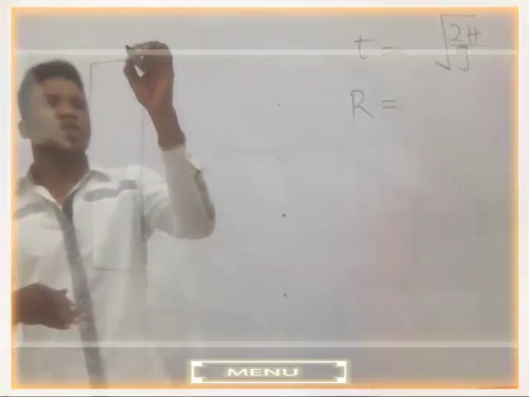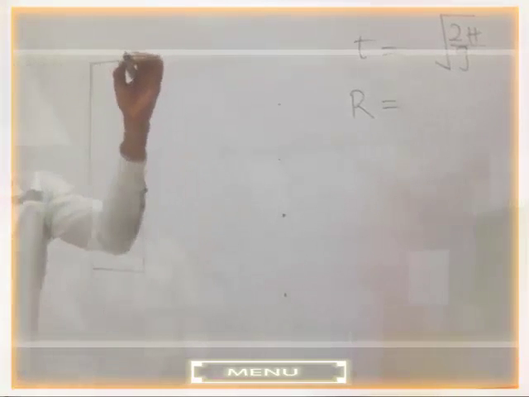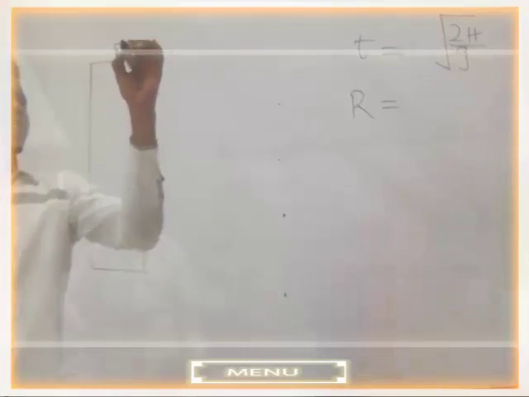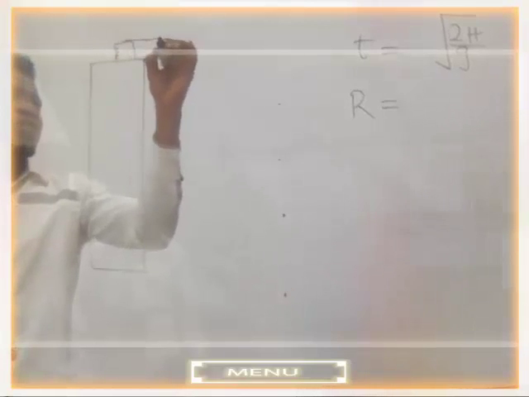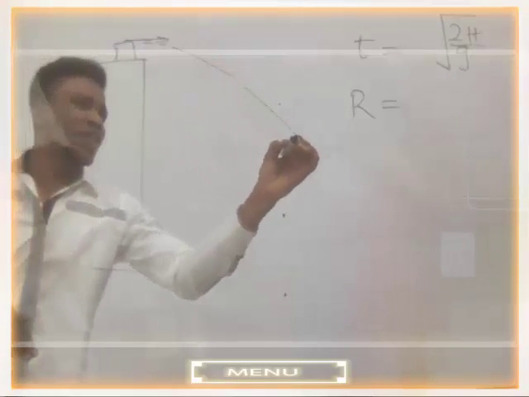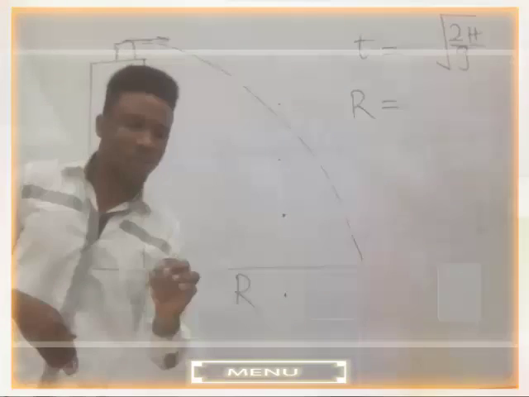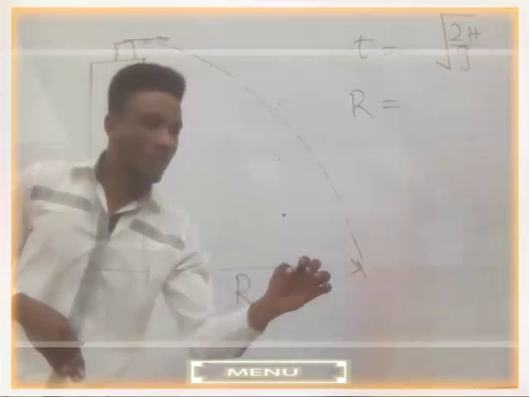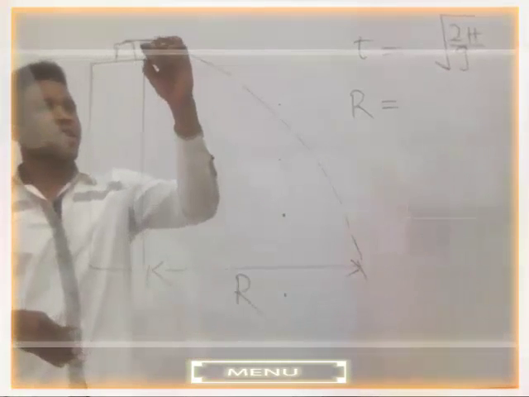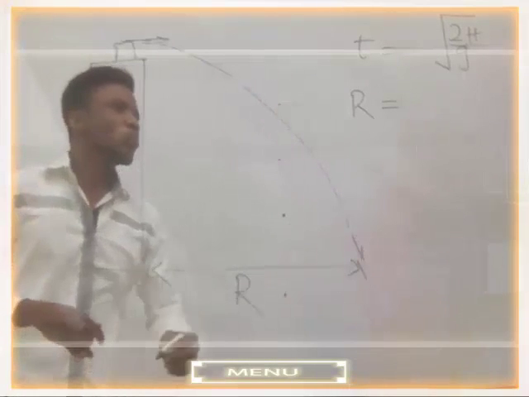A projectile launched from this point moves horizontally all the way down. So this is the range, and this is the time it takes to come down to this point.